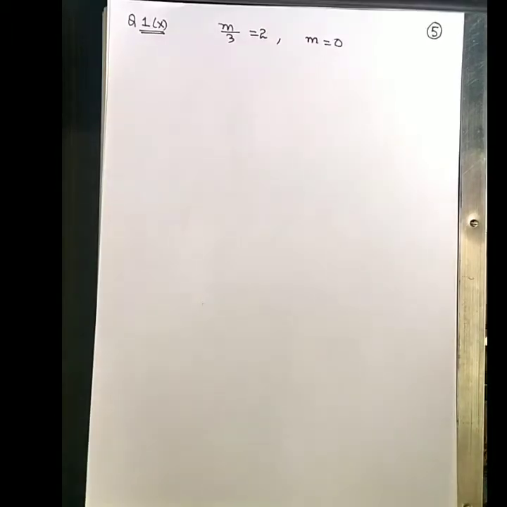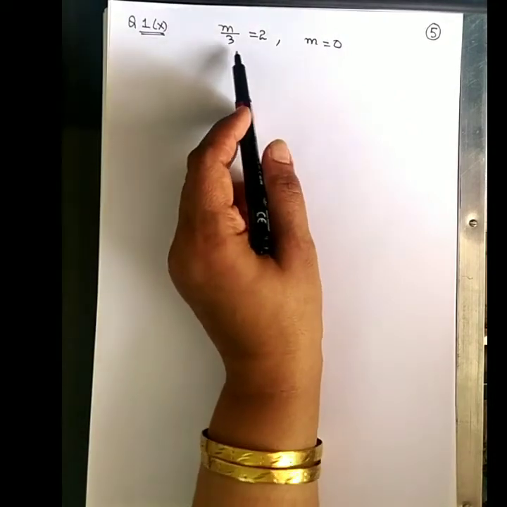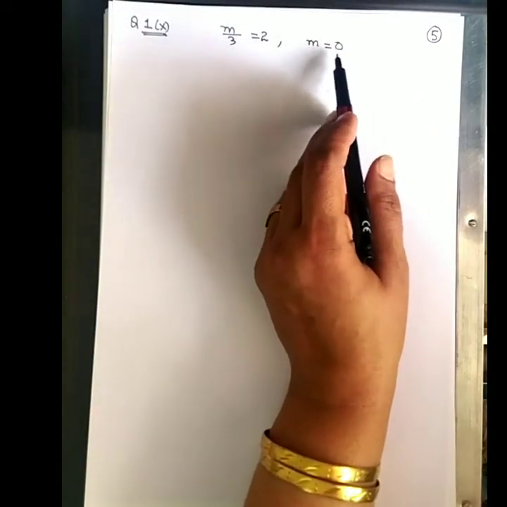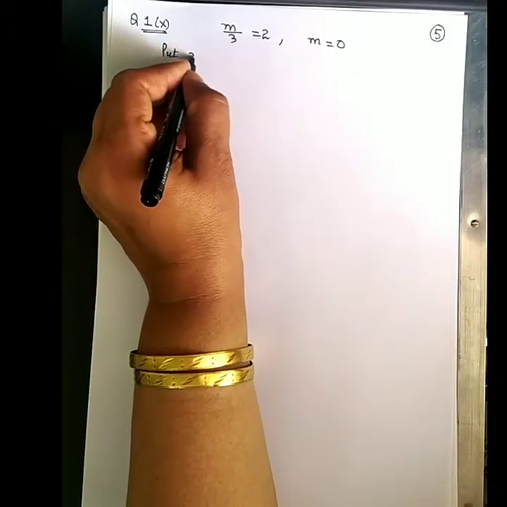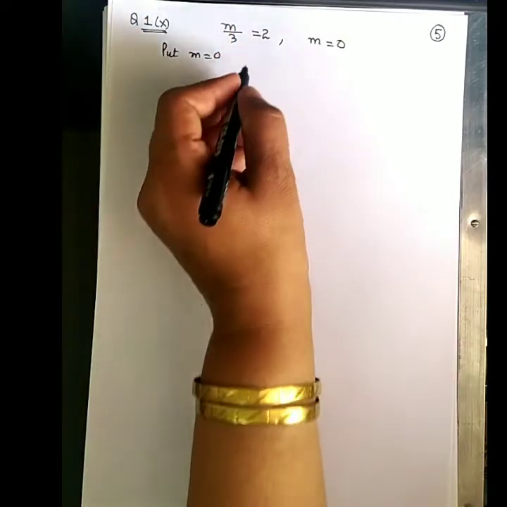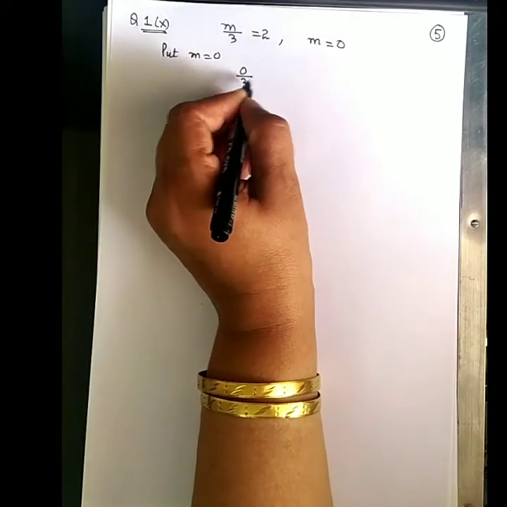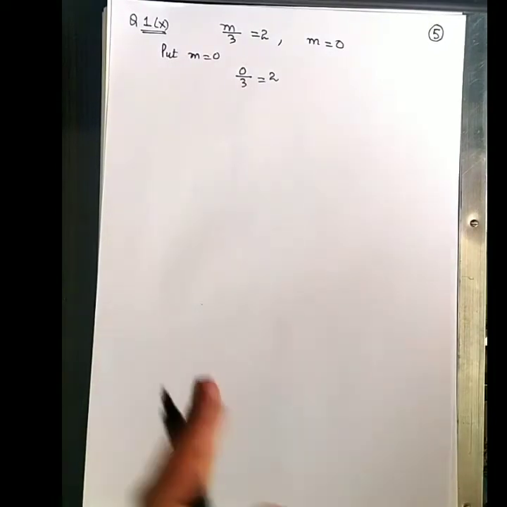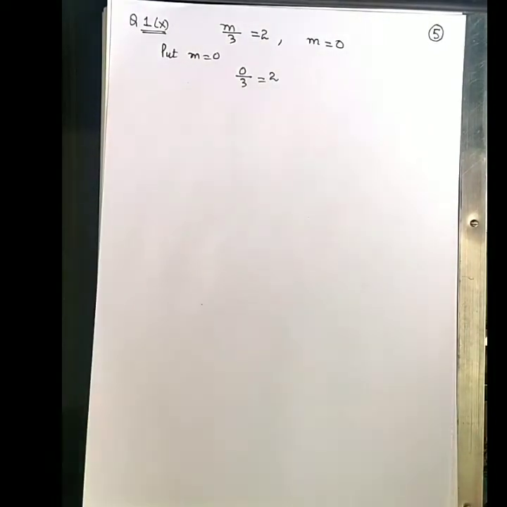10th part, m upon 3 is equal to 2 and the value of variable m is 0. So put m as 0. So it will be 0 upon 3 is equal to 2. Now you know 0 into something is equal to 0, 0 upon something is equal to 0.